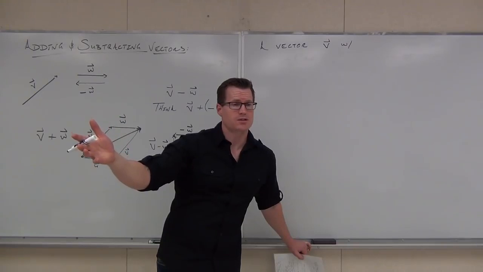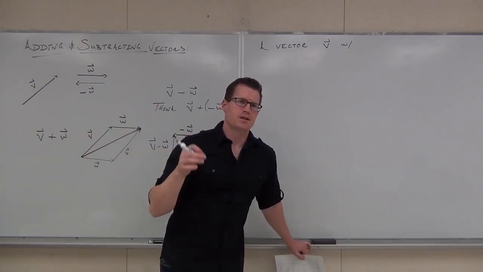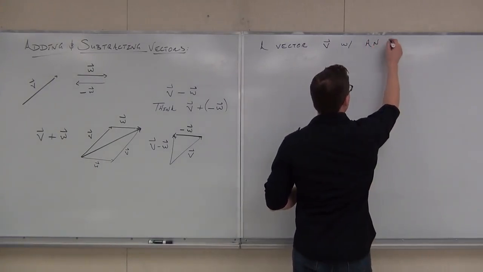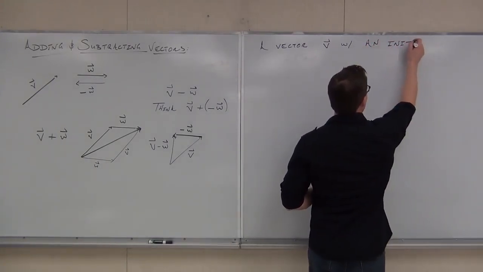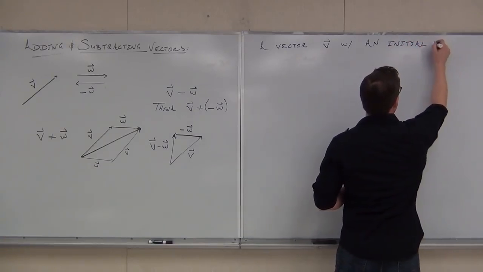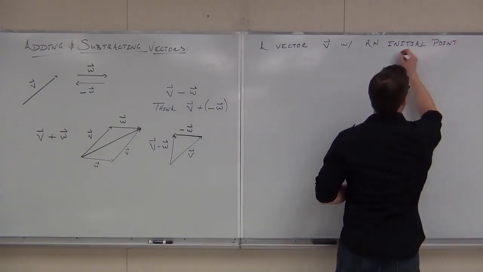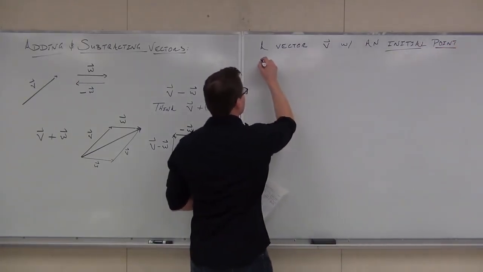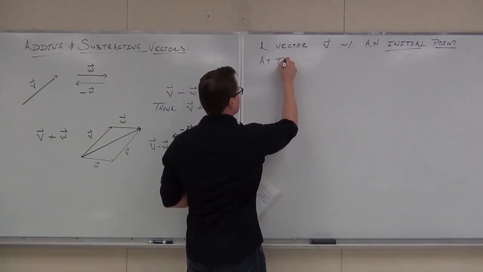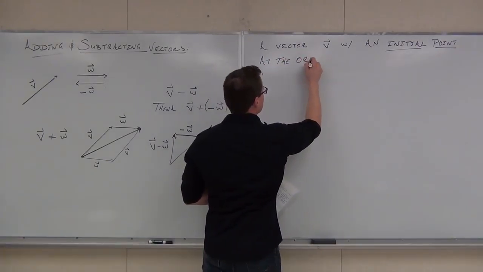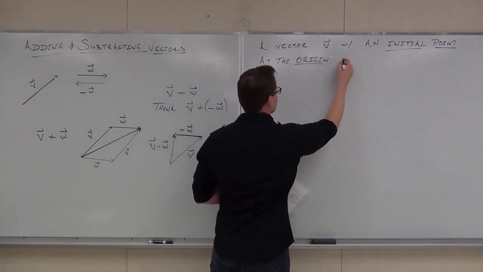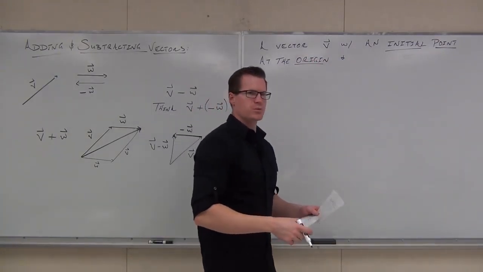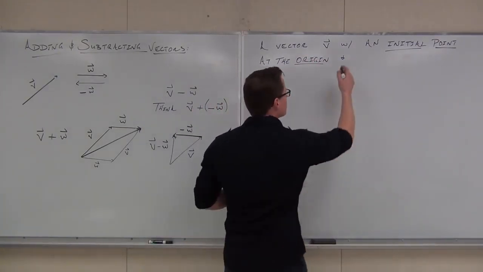So what if we have this special case where we get this vector, and its initial point is the origin, and it's got a terminal point at, I don't care, it's just got a point.